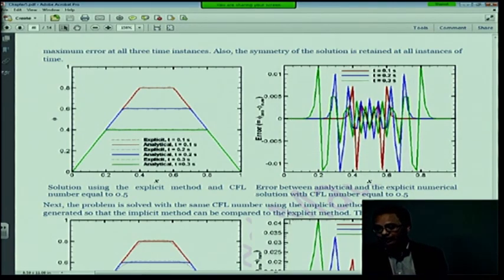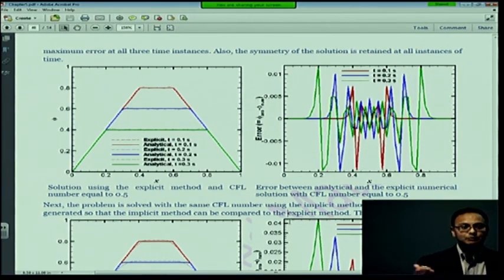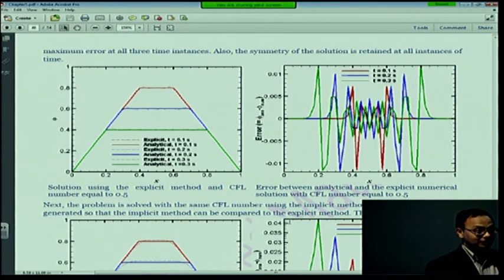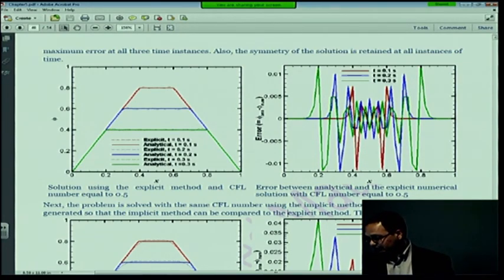The reason for that is, remember, in the explicit scheme, we found that from the second time step onwards, the scheme fortuitously becomes second order accurate. So that's why for the same time step size, for the implicit method, we are getting slightly less accurate solutions than what we are getting with the explicit method. The errors are slightly larger. The shape of the errors are also quite different, as you can see.